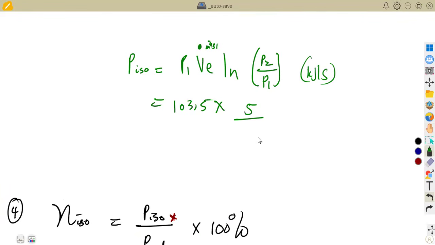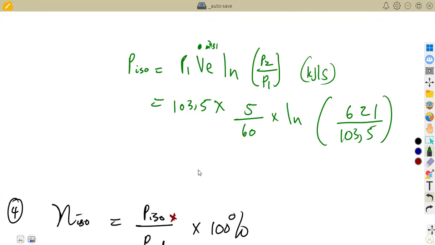Like what we did on calculating the power, we had to divide by 60. All right, so that's times the ln of P2, the output pressure. Remember, it was 621 pressure at the exit, and over 103.5, which is the inlet P1. So that was going to give you the isothermal power, which was going to be 15,454 to 3 decimal places. That was your isothermal power.